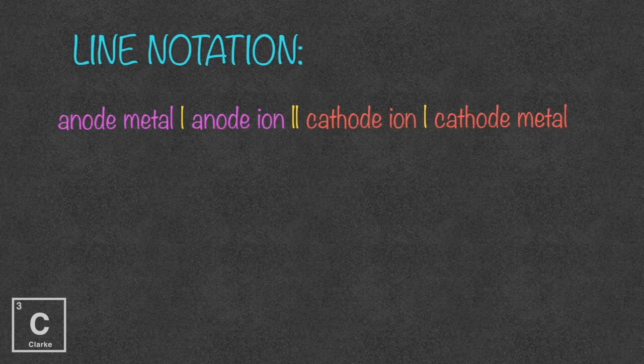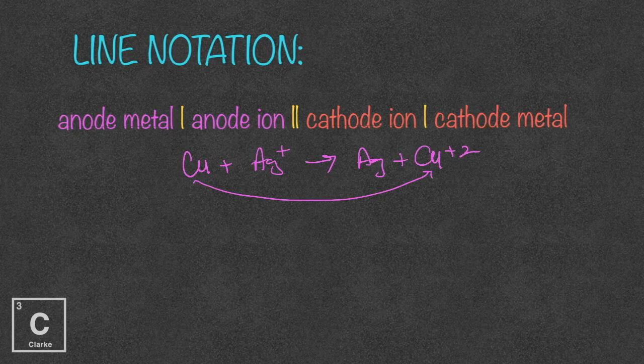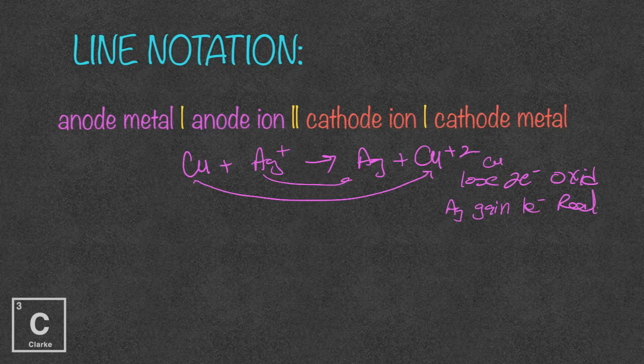Now, we can show everything that's happening in a galvanic cell in a shorthand called line notation. If we had a redox reaction, copper is losing 2 electrons. That means it's being oxidized. Silver is gaining an electron, so it's being reduced. Okay, so remember, our anode metal, that is our oxidized metal. Oxidized metal, that's copper. Then we're going to put a line. Then you need your anode ion. Your anode ion, that's copper 2+, right?